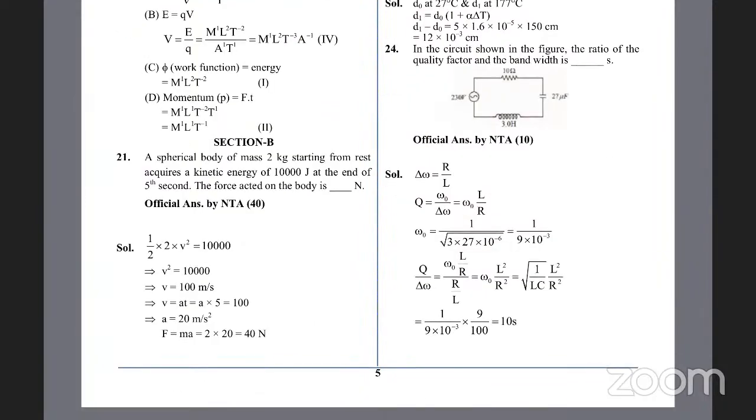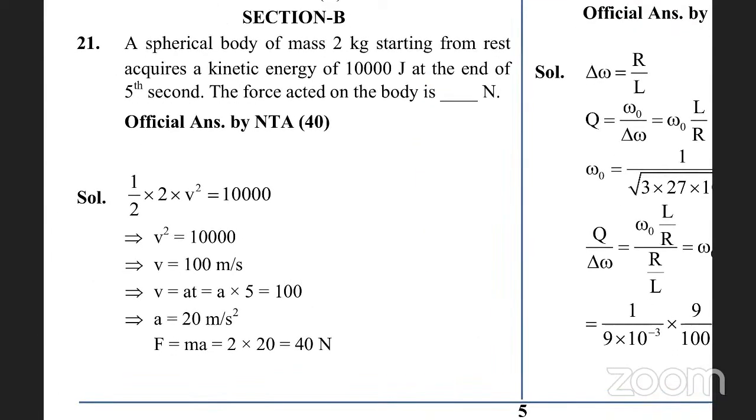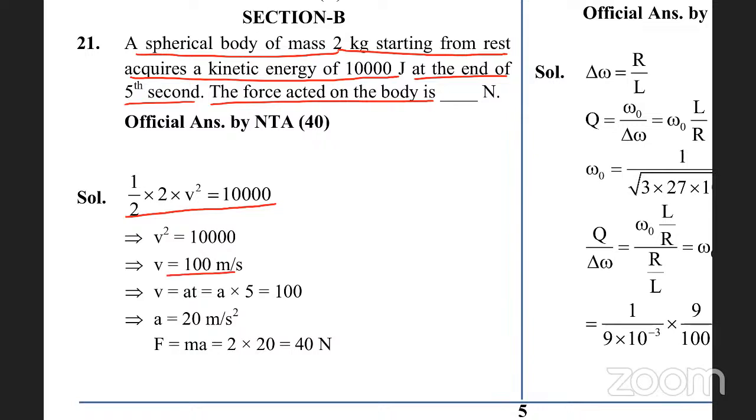Look at the section B. A spherical body of mass 2 kg starting from rest acquires a kinetic energy 1000 joules at the end of 5th second. The force acting on the body. So, since kinetic energy is given, we can calculate velocity.